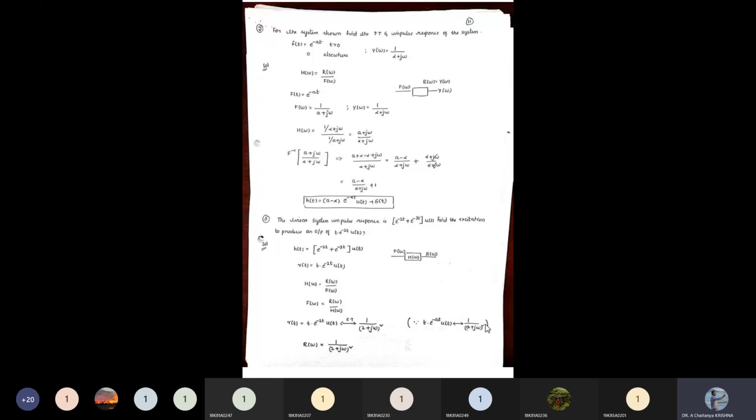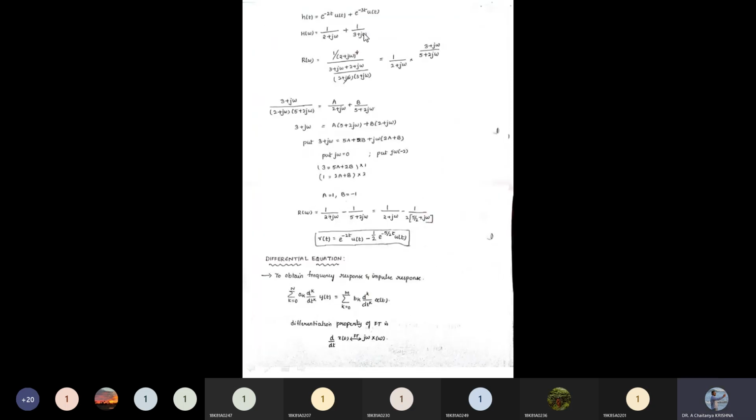Now here a is 2, so r of omega equals 1 by 2 plus j omega whole square. Now tell me what h of omega is. For e power minus 2t it is 1 by 2 plus j omega, and for e power minus 3t it is 1 by 3 plus j omega, so h of omega is 5 plus 2 j omega by 2 plus j omega into 3 plus j omega.